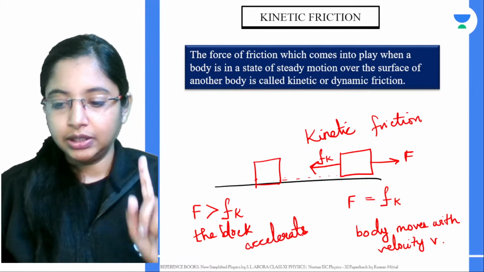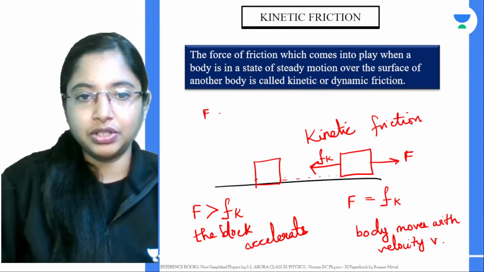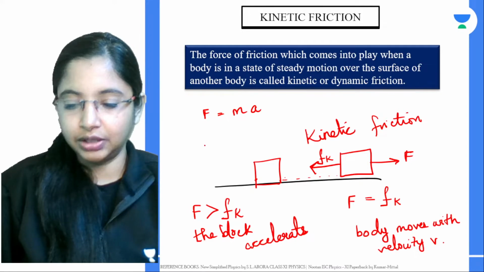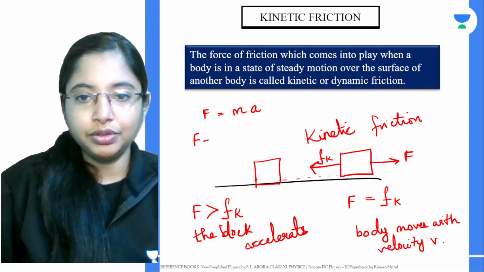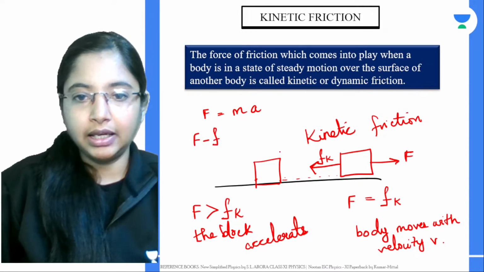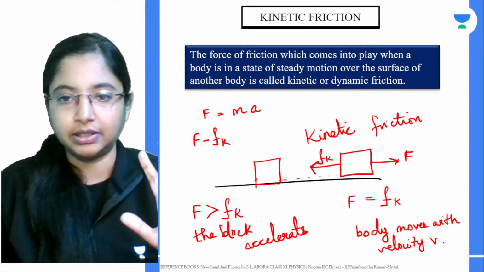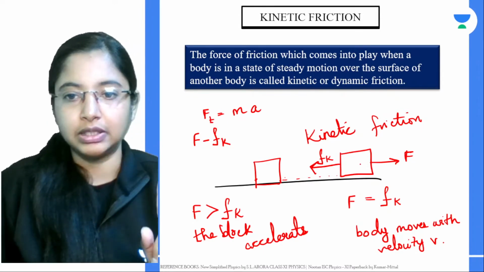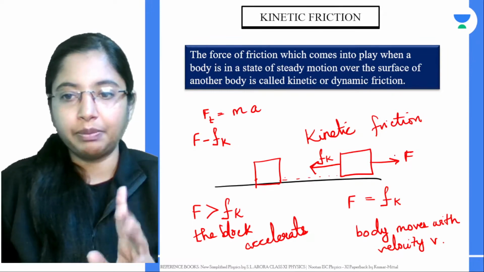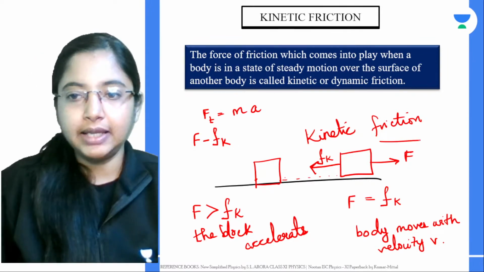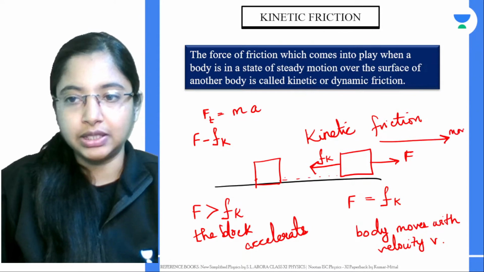Now for this acceleration, we know force is equal to mass into acceleration. In this case, what is the force over here? It is the applied force minus the kinetic friction, because if you see the total force acting on the system, one force is the applied force in this direction, and let's say the object also moves in this direction.